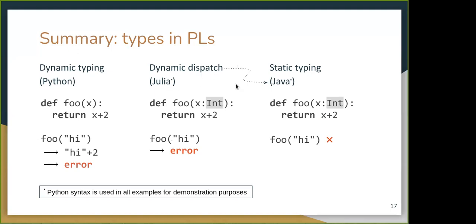And the reason I have this squiggly arrow here from dynamic dispatch to Java is that if you're familiar with object-oriented languages and inheritance, and something like virtual functions in Java or in C# and some other object-oriented languages, there is actually a form of dynamic dispatch in those languages when you define a function in a base class and then redefine it in a derived class.